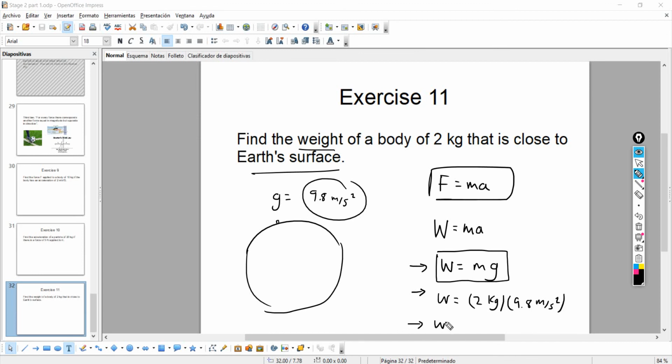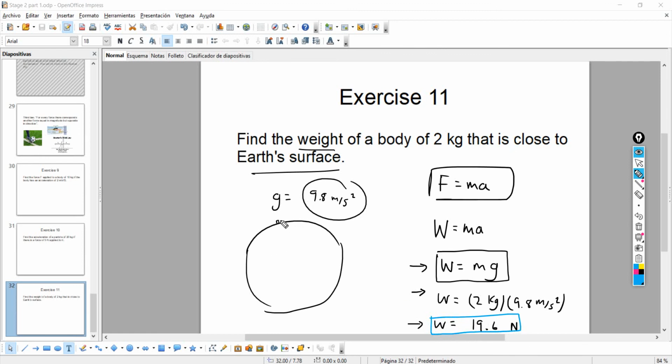And therefore, the weight is going to be 2 times 9.8, which is 19.6. Weight, being a force, has to have units of newtons, and I'm done. The weight of this particular body of 2 kilograms is going to be 19.6 newtons close to the surface of the Earth.